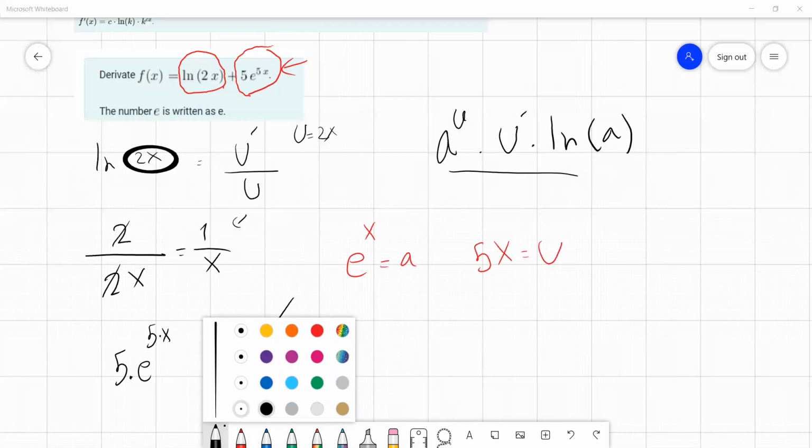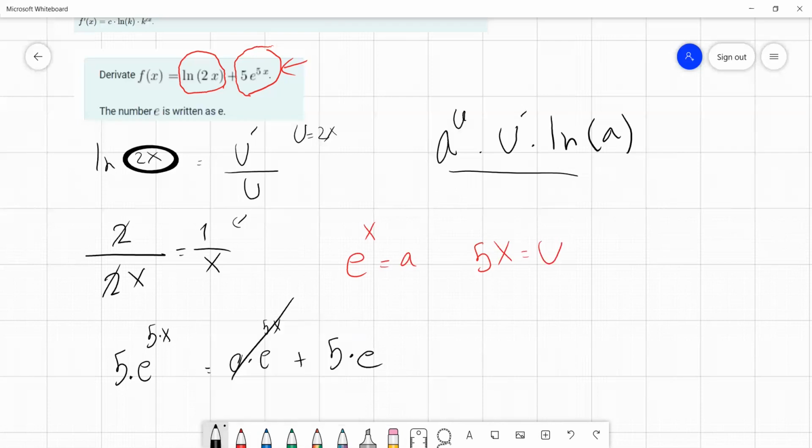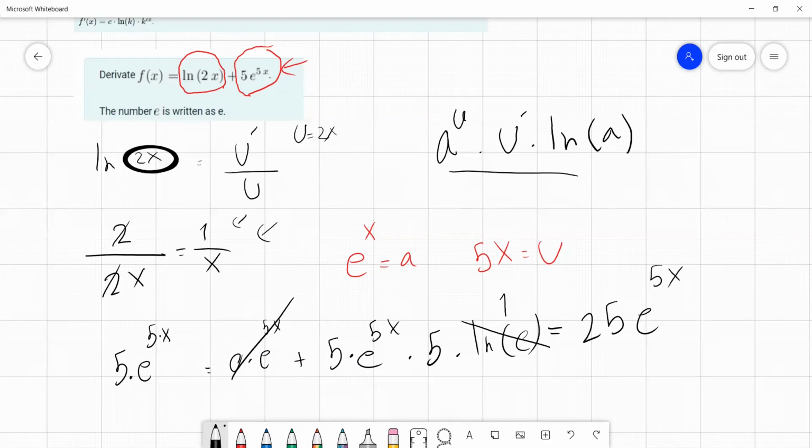So a to the power of u is just e to the power of 5x, times the derivative of u, which is just 5, times the ln of a, which is ln e. And as you all know, ln e is just 1, so we can just replace that with a 1. Perfect, and that just gives us 25 e to the power of 5x.